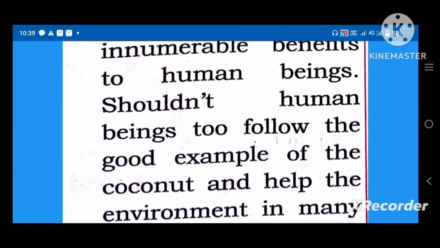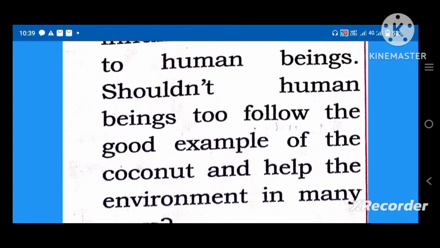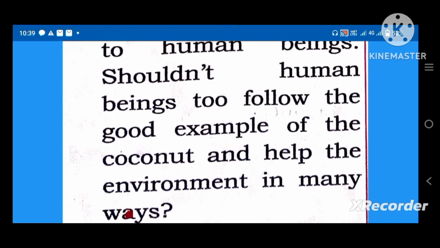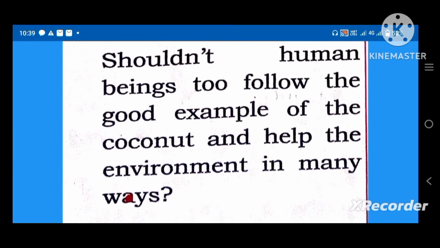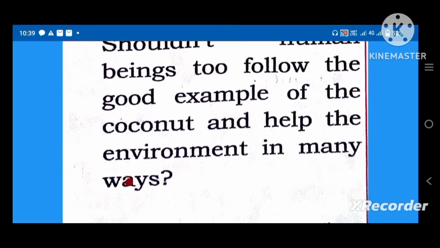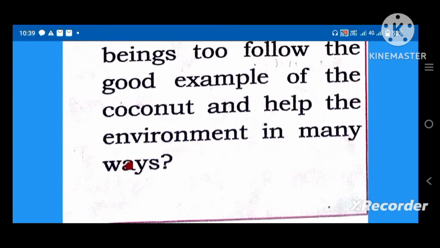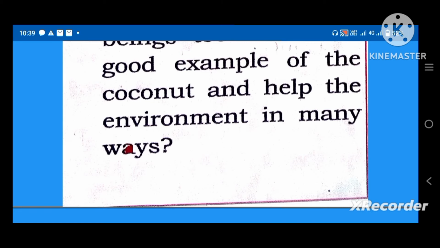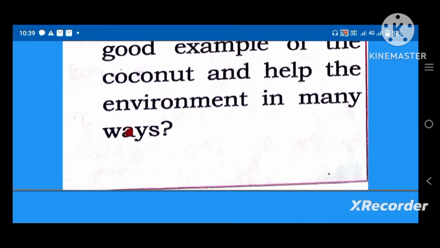Shouldn't human beings too follow the good example of the coconut and help the environment in many ways?